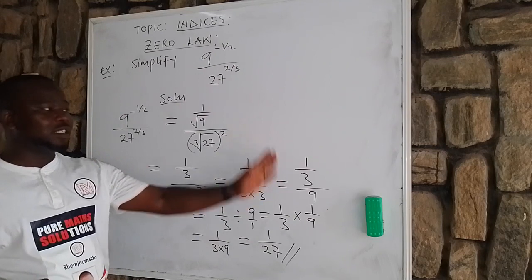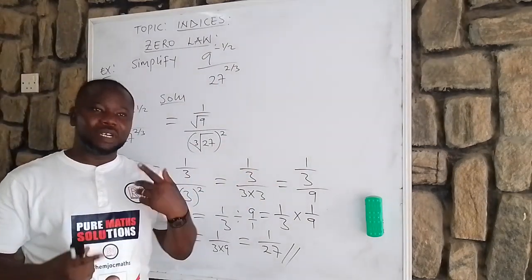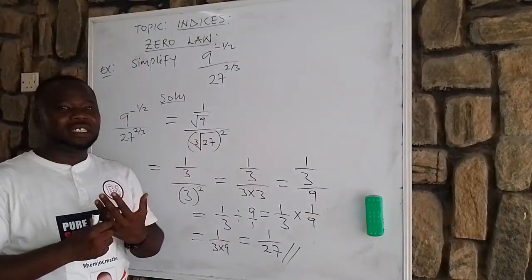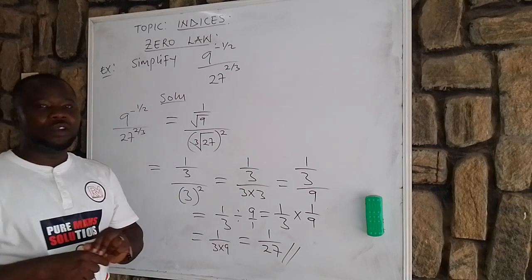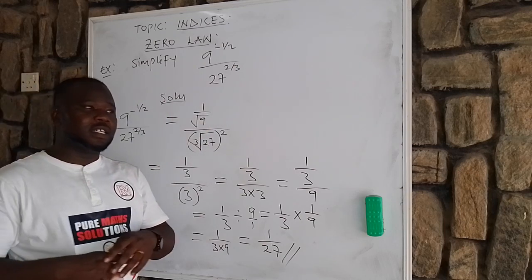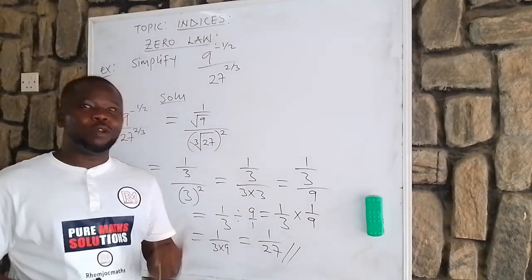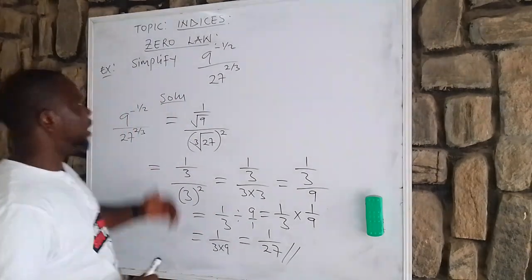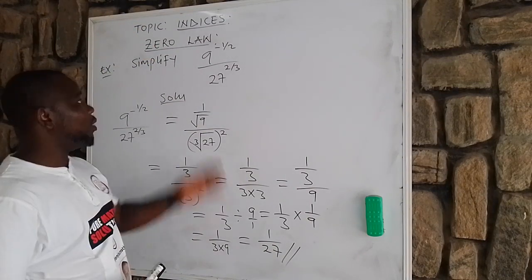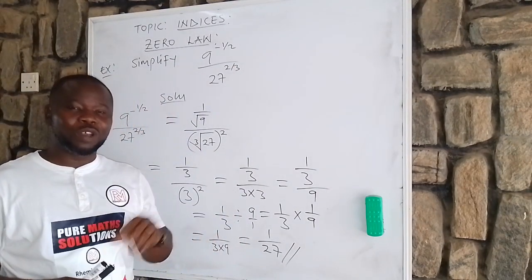With what I have said from the beginning to the end, if you understand what I've done here, I don't think there will be a challenge for you, because there are some questions where you will use the multiplication law, division law, and power law. For the fact that I've taught you everything, including the zero law, what is left is that you must know when to apply the laws of indices.